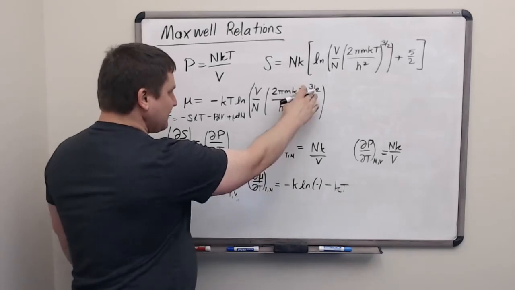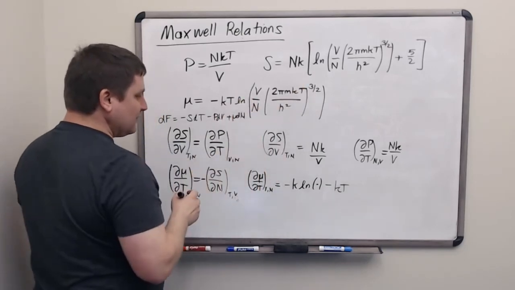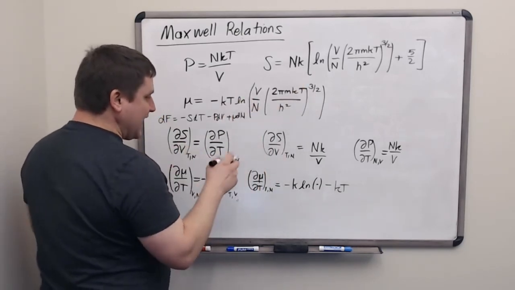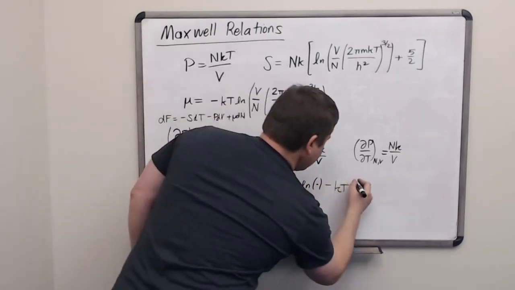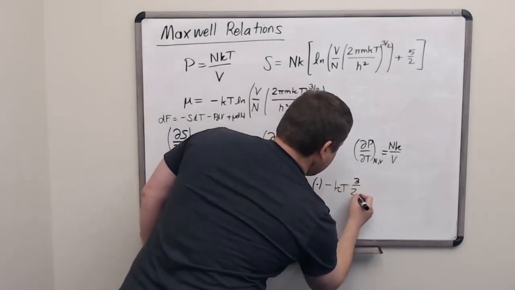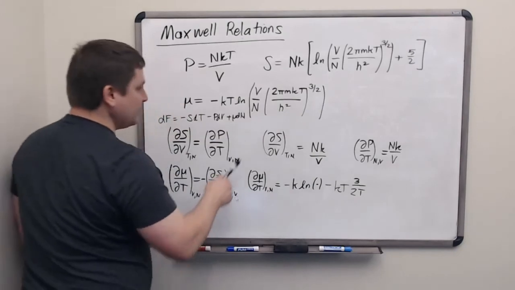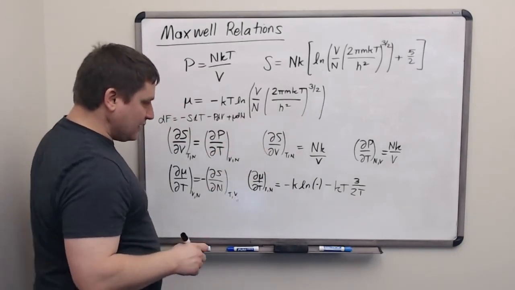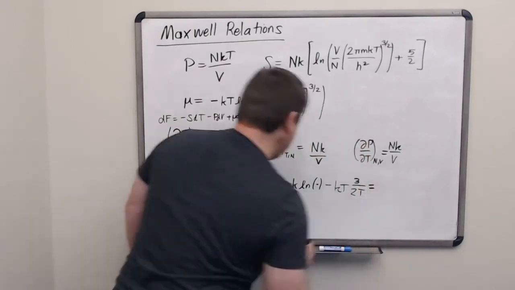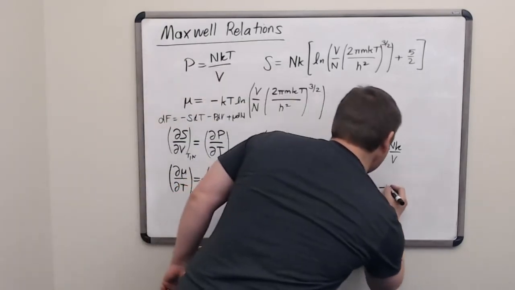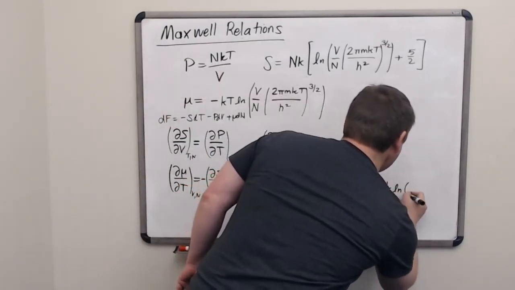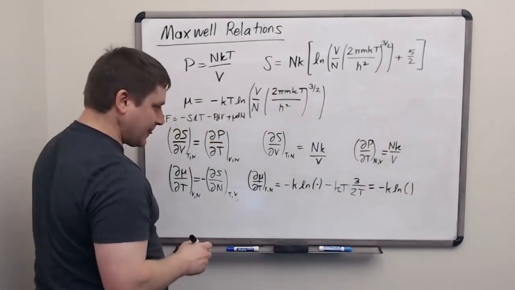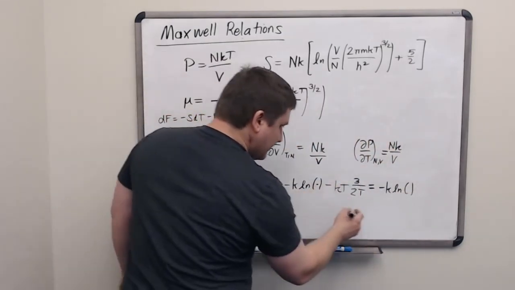So there'll be a factor of 3/2 if I can pull out front. It will be essentially 3/2 divided by t. So 3 over 2t will be the derivative of this logarithm. So if we put these together, then we've got minus k times the logarithm, and then minus 3/2 k.